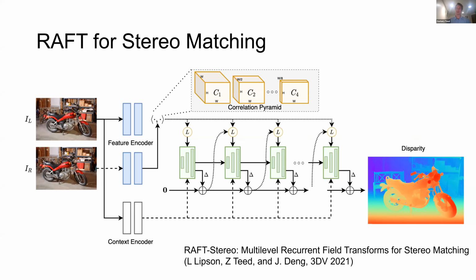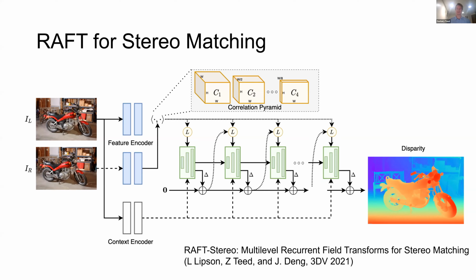As I mentioned before, I'm primarily focused on 3D vision, but RAFT only looks at 2D optical flow. One very simple extension to make RAFT 3D is looking at the problem of stereo matching. And stereo matching is kind of just the one-dimensional analog of optical flow. With optical flow, you can really match any pixel in the first frame to any pixel in the second frame. With stereo matching, we have a constraint that every pixel in the left image lies on a horizontal line spanning the second image.